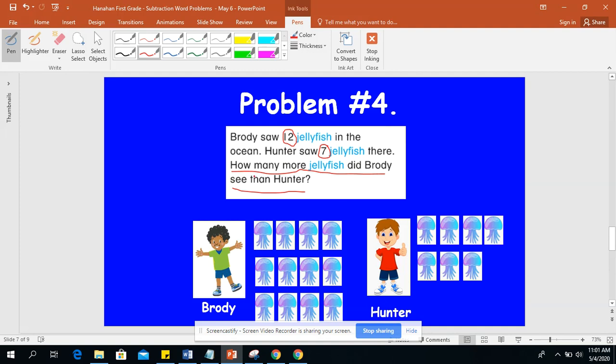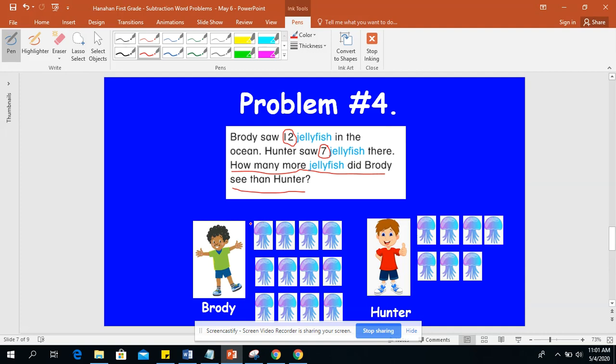And the question is asking us, how many more jellyfish did Brody see than Hunter? So in this problem, we're comparing the number of jellyfish that Brody saw compared to the number of jellyfish that Hunter saw.